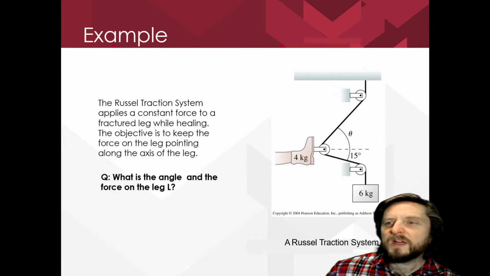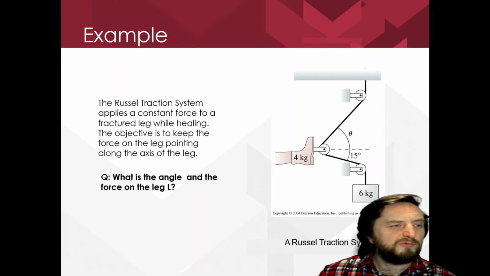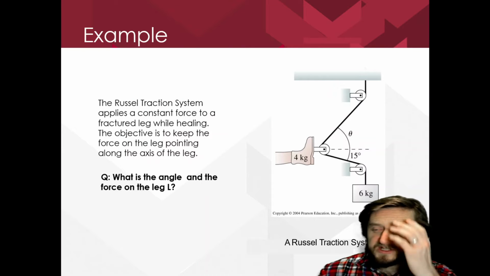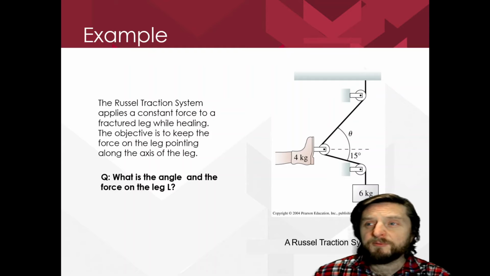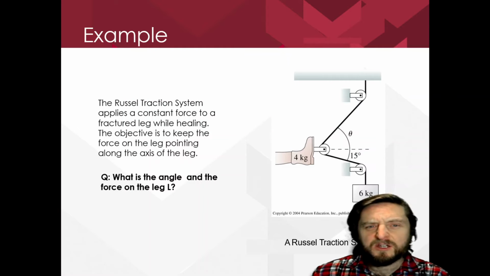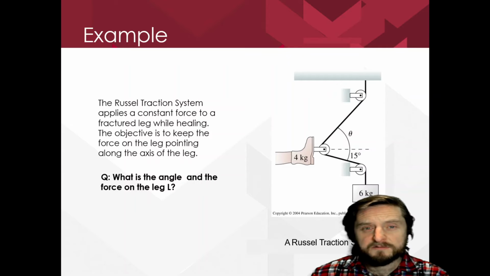Over that way. So this is an example of something called the Russell traction system, and traction systems are used a lot for setting badly broken bones. So why do you have to do this? Well, basically your muscle and skin and connective tissue within your limbs is actually under tension most of the time.